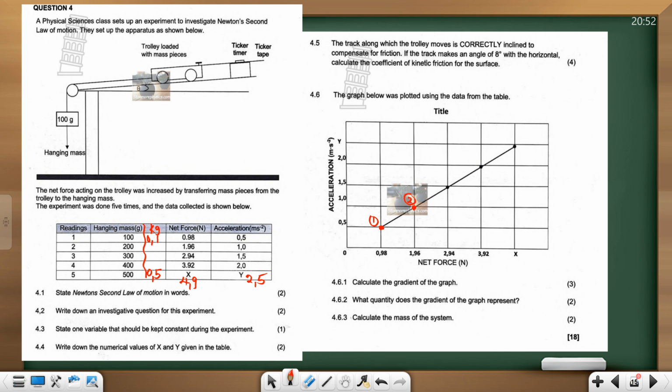Let's get the gradient. y2 minus y1 over x2 minus x1.